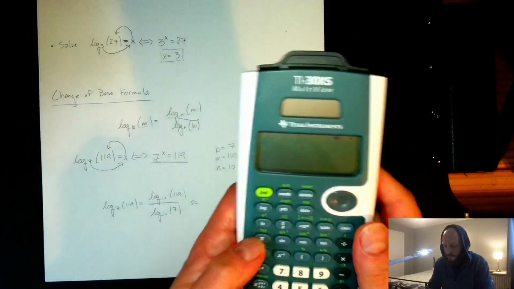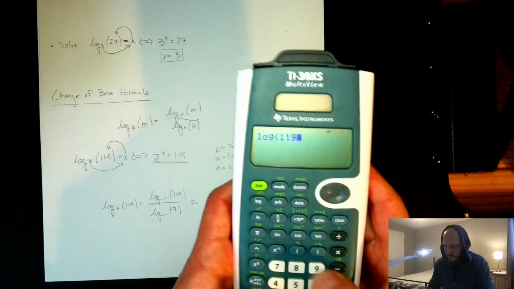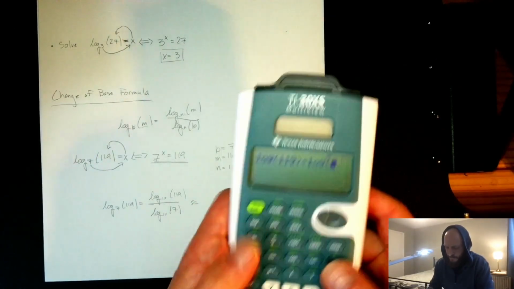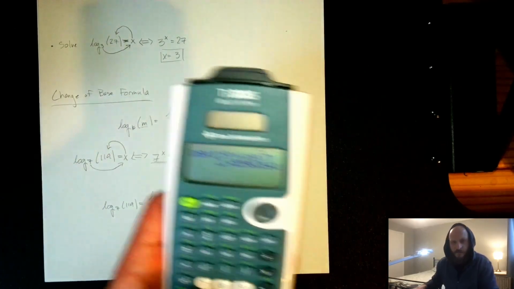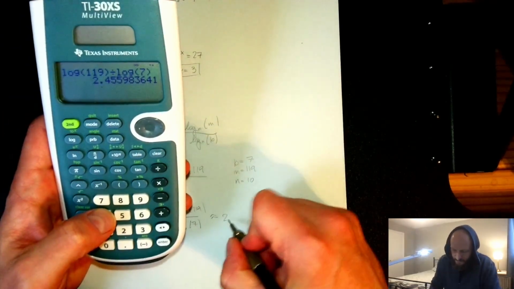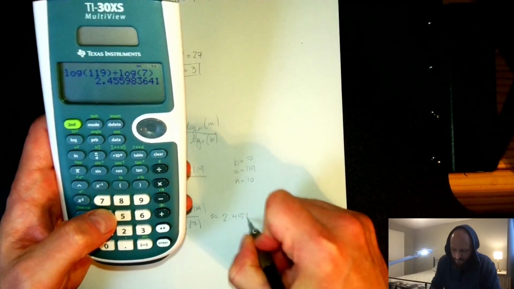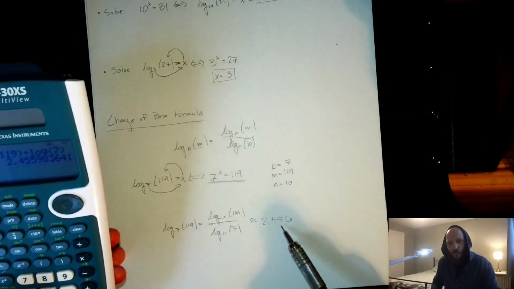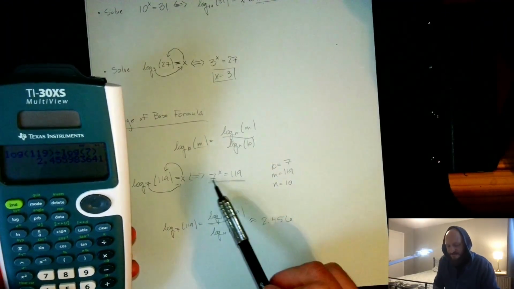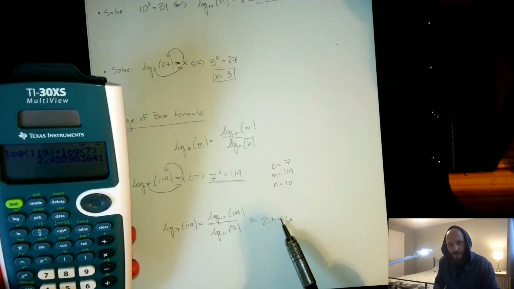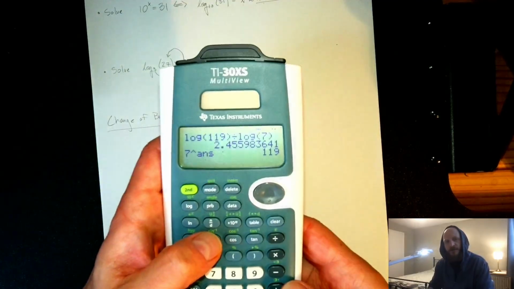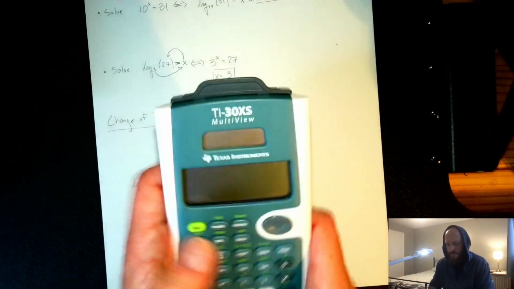So we're just looking at what is log of 119 divided by log of 7. It's about 2.456. How can we double check this? Well, this whole original thing is saying that 7 raised to this number should be 119. Let's check. 7 raised to the answer comes out to exactly 119. So we're good to go.